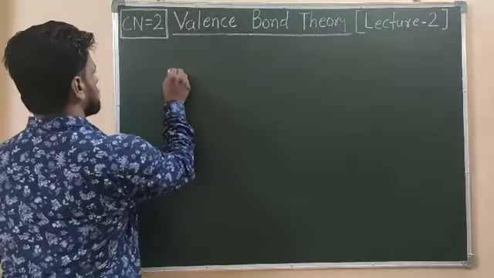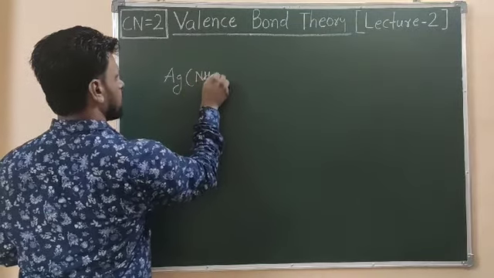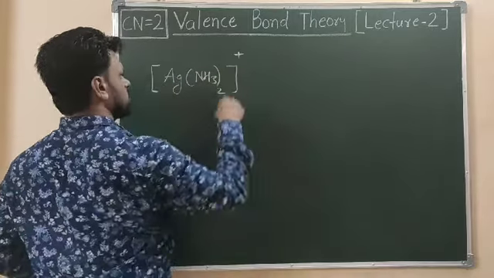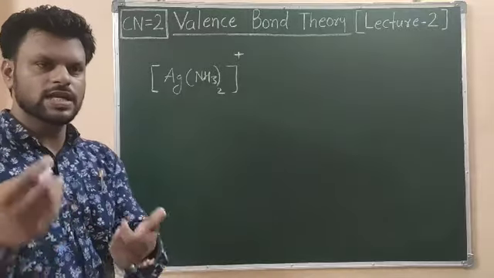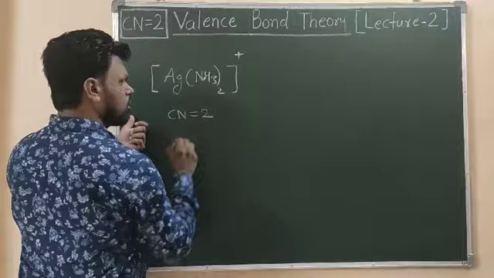So I'm just taking one complex here, a silver complex, with amine ligand. We have +1 charge. Now we need to understand whether a complex with coordination number 2 is stable or not.